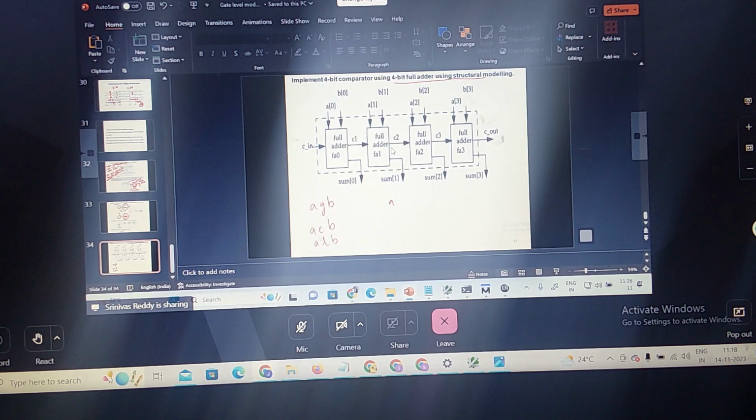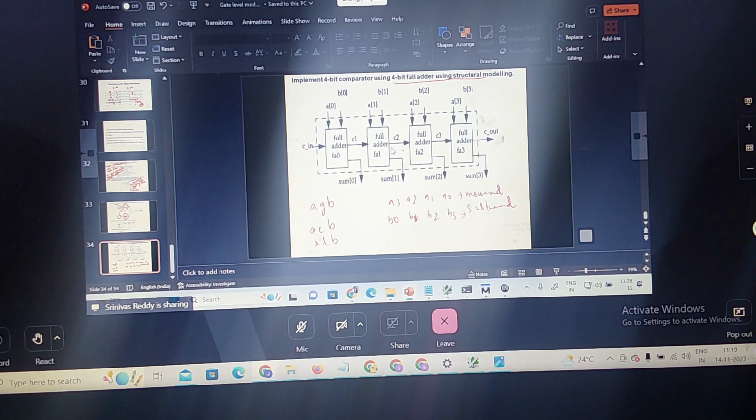Here, A3, A2, A1, A0 are the minuend, correct? And B0, B1, B2, B3 are the subtrahend.